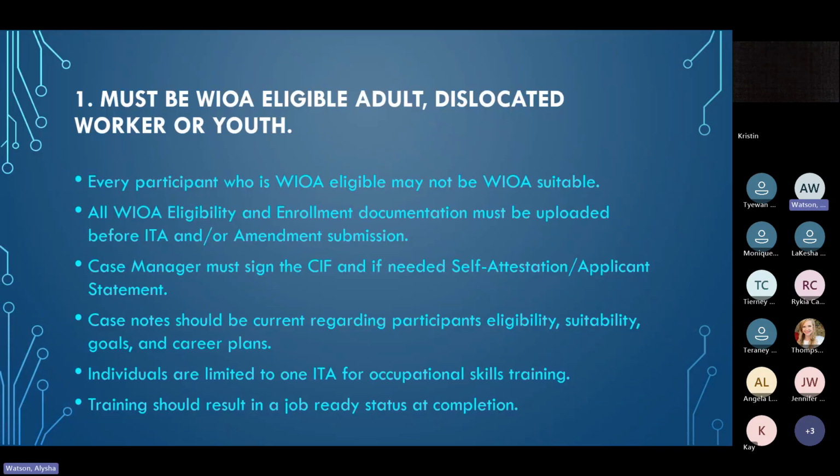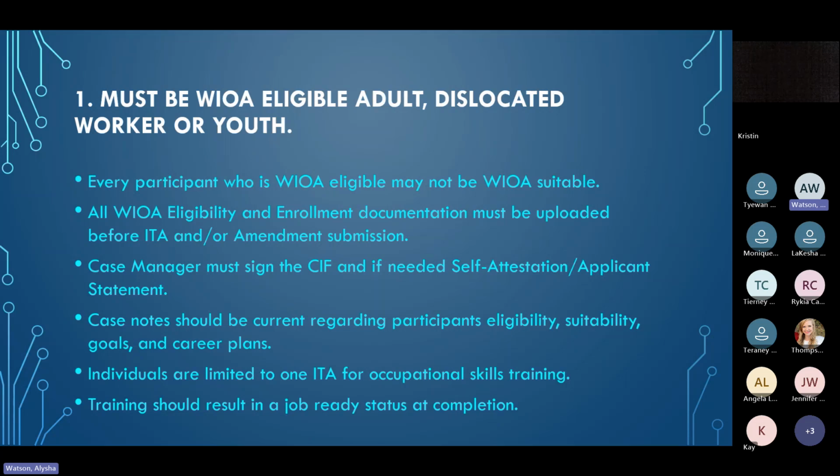All right, going in depth with these steps. First, the participant must be WIOA eligible as an adult, dislocated worker, or youth. Every participant that is WIOA eligible may not be WIOA suitable. That is a big thing when getting to know this individual, through some of the conversations that they have.